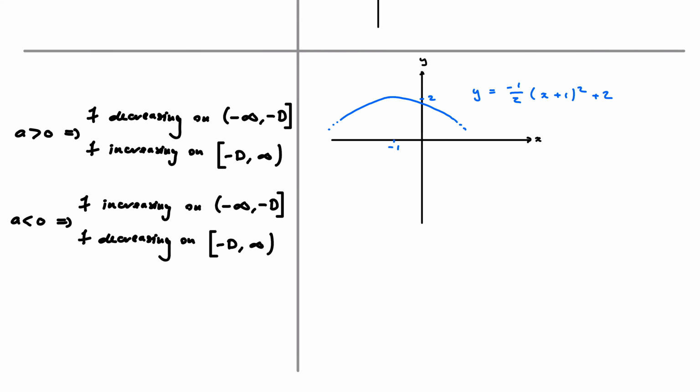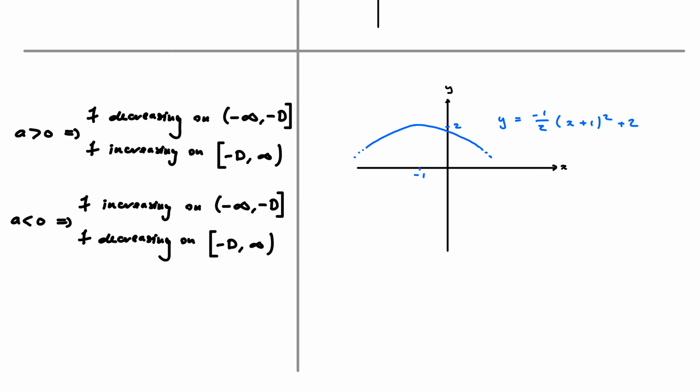So again, without this being in vertex form, it's ridiculously difficult to do this, right? If I just gave you something in standard form, how on earth are you going to work out if it's increasing or decreasing? So in this case, your A is equal to -1/2. That's negative.